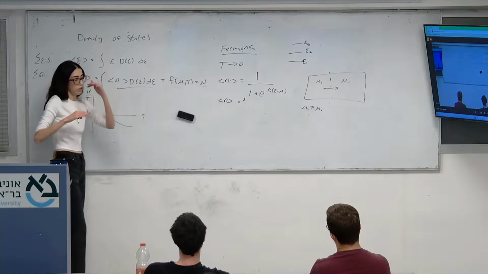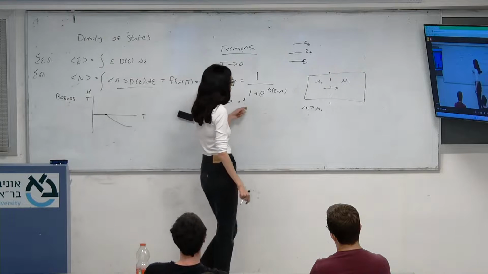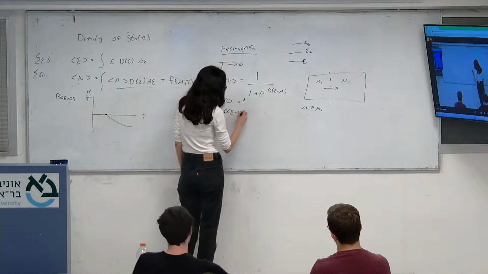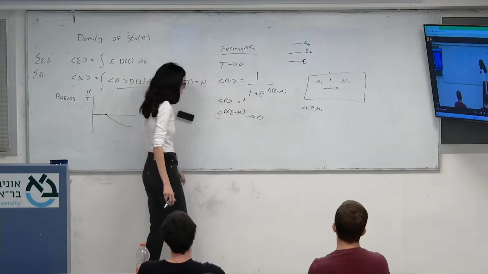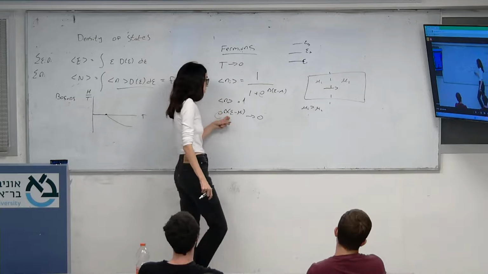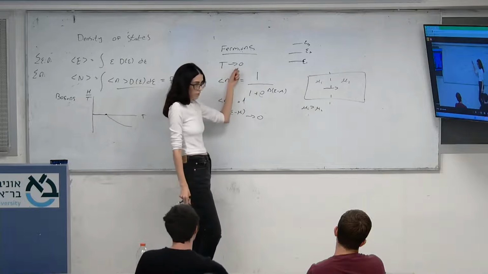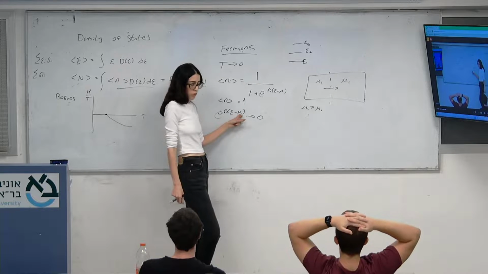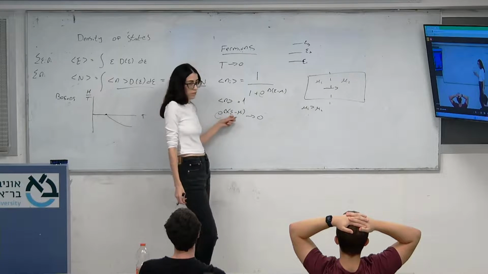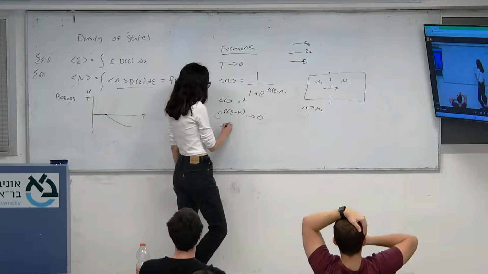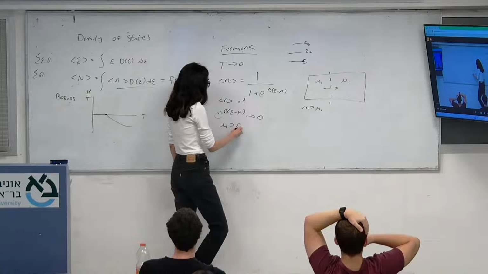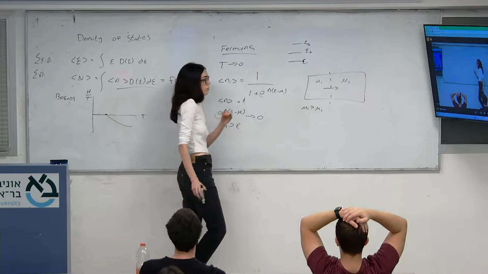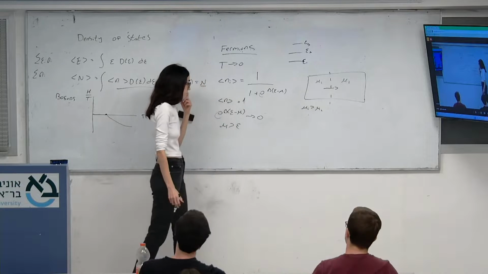For the lower energy levels, of course. In order for that to happen, we need e to the beta times epsilon minus mu to go to 0. If beta goes to infinity, we need mu to be positive, or specifically to be larger than epsilon, or at least the lowest value of epsilon, the lowest energy level.